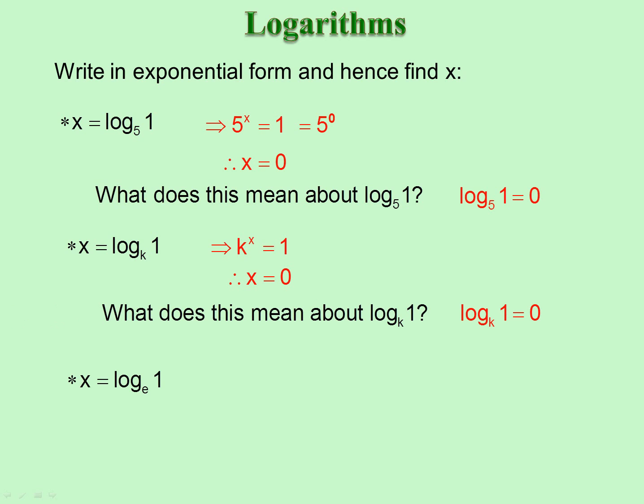Now this looks as if it's a repetition of the previous one, but it's not really, because e is a very different number with particular properties which we're going to be dealing with a lot. But at the moment we could treat it the same as any other variable.